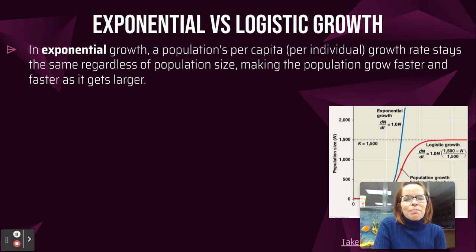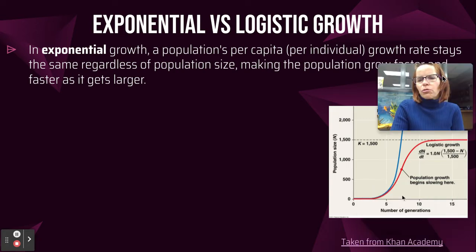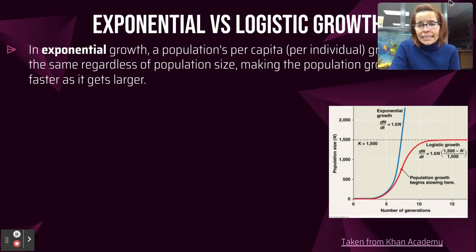So it says the growth rate stays the same. They're going to double in my example, regardless of population size, making the population actually grow faster and faster as it gets larger. Exponential growth is represented by the blue line in the graph here. So you can see that speeding up, even though the growth rate is the same, it's making the population grow faster and faster.